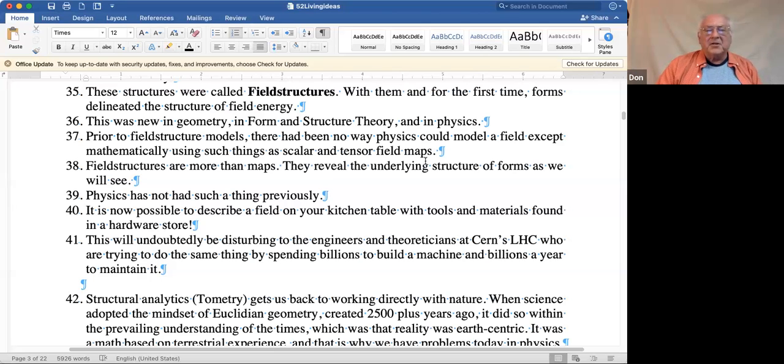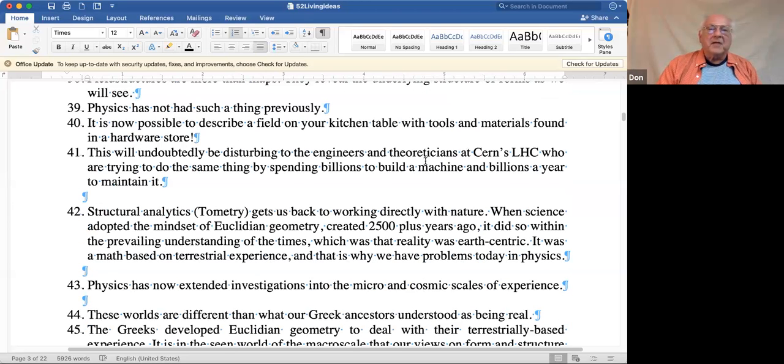Physics has not had such a thing previously. It is now possible to describe a field on your kitchen table with tools and materials found in a hardware store. This will undoubtedly be disturbing to the engineers and theoreticians at CERN, the Large Hadron Collider, who are trying to do the same thing, spending billions to build the machine and billions a year to maintain it.